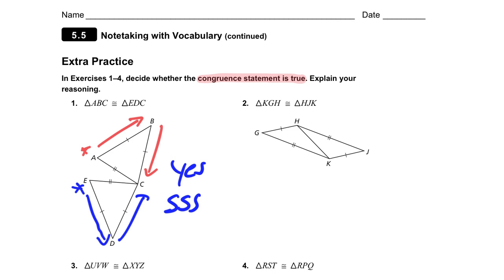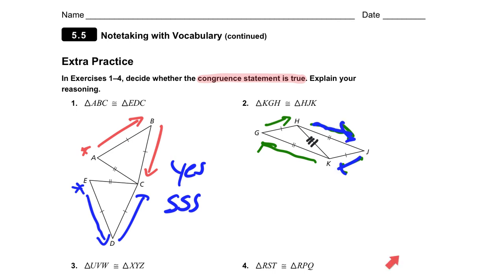Number two, first off, I'm going to put in a congruence mark here because of my reflexive property. And let's just check the statement now. KGH, K to G to H. Is that the same as H to J to K? Let's double check what we have. Maybe I'll change the color here so that you see which way we're going.